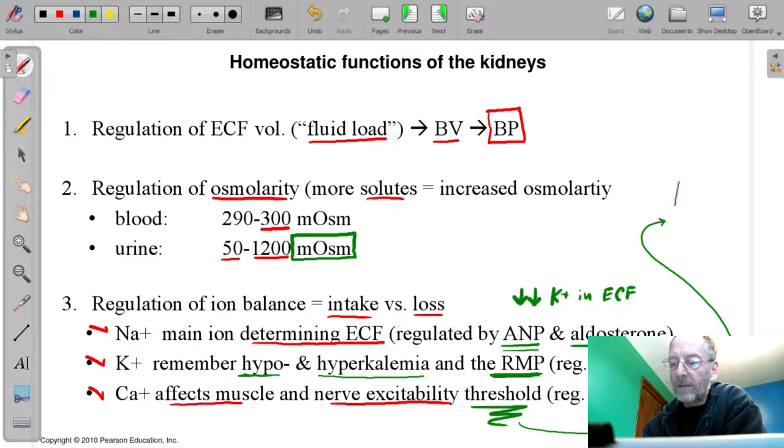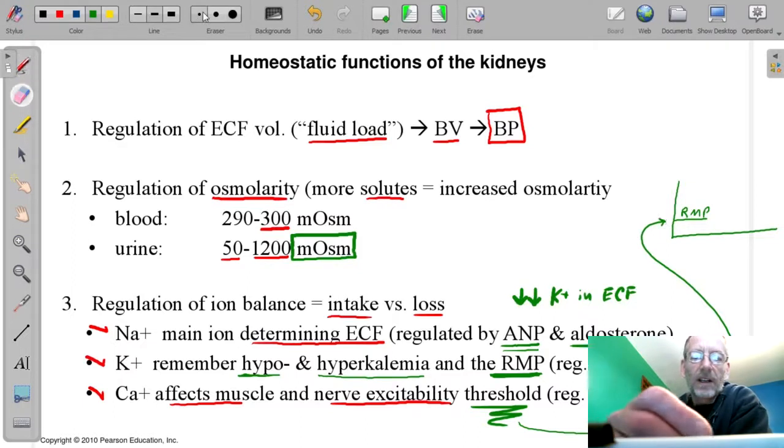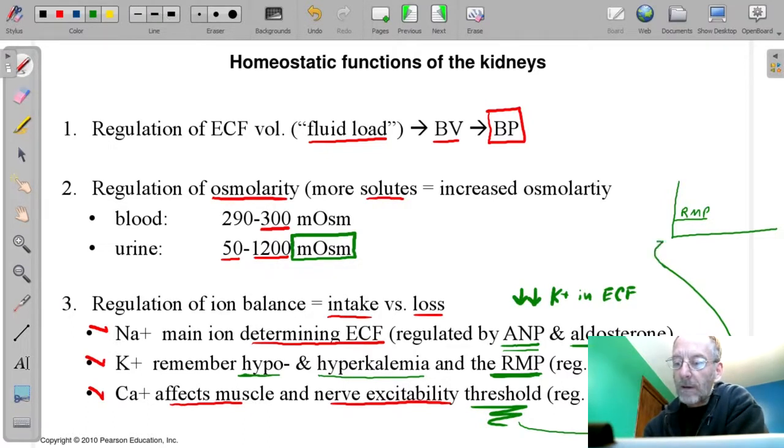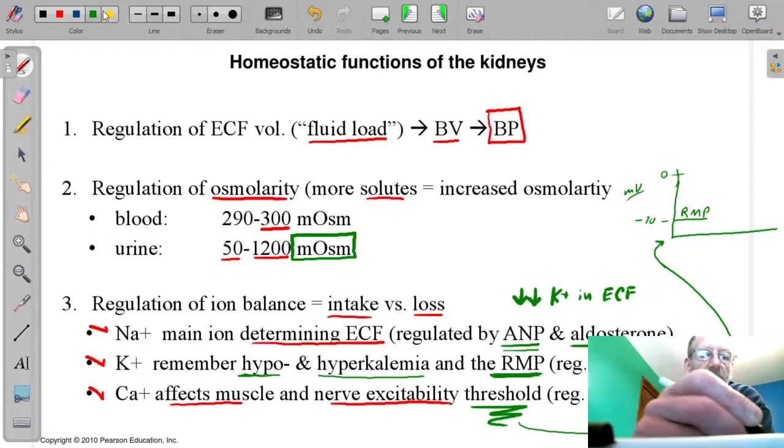You remember this picture from earlier where we had a resting membrane potential, RMP, and this was, say, minus 70, and maybe this is 0, and this is millivolts. And somewhere in here, let's say, maybe minus 50 was our threshold.